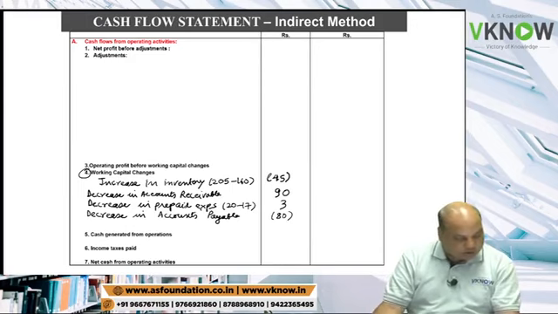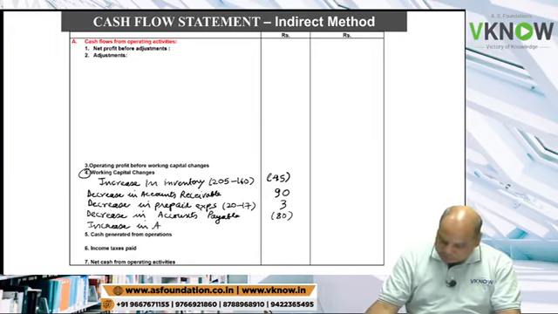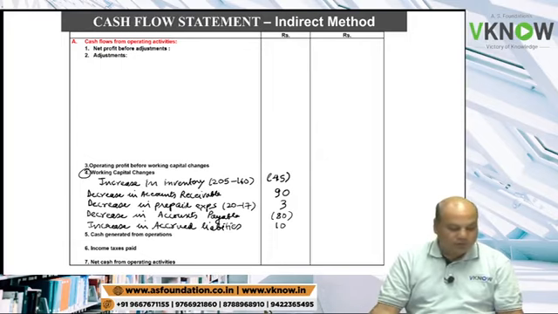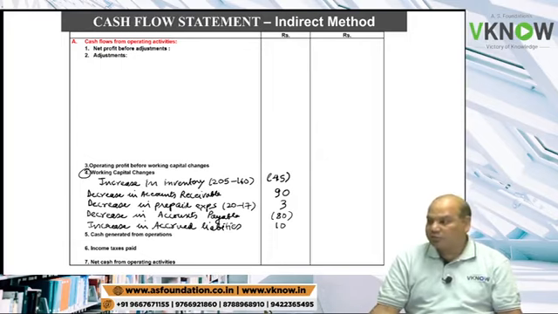And let us look at the accrued liability. From 60 it has become 70. So I will write here increase in accrued liabilities. Increase in current liability is an increase in cash flow.